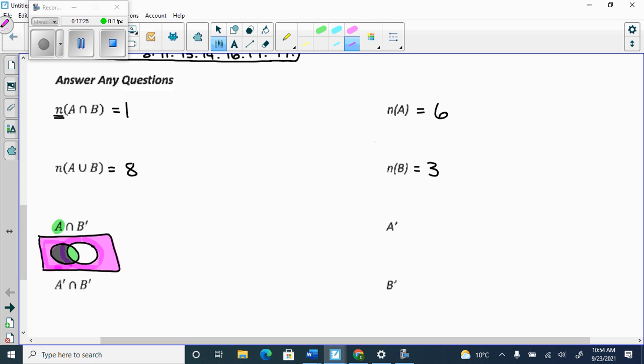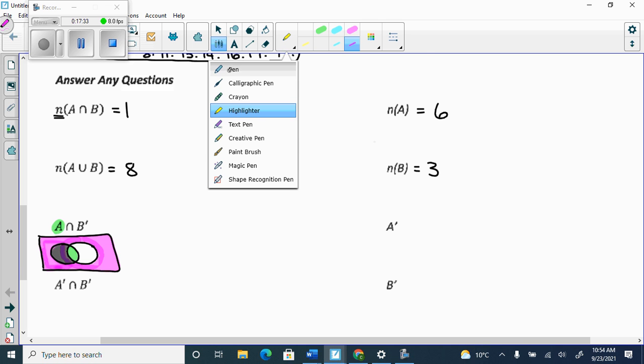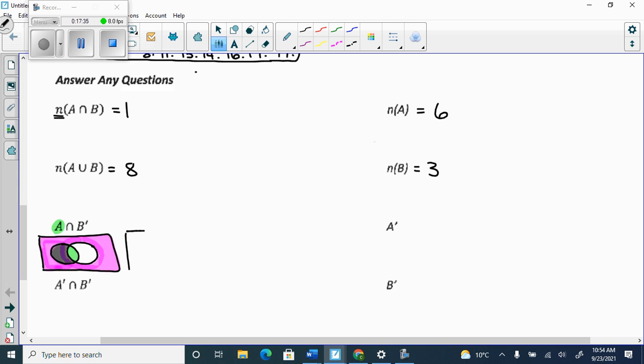If this is an "or," I would list anywhere that it's shaded, right? Because either/or. But it's not an "or," it's a what? An "and." So if it's an "and," I actually am only looking at where it doubled up. Where did it double up? What color is it now where it doubled up?